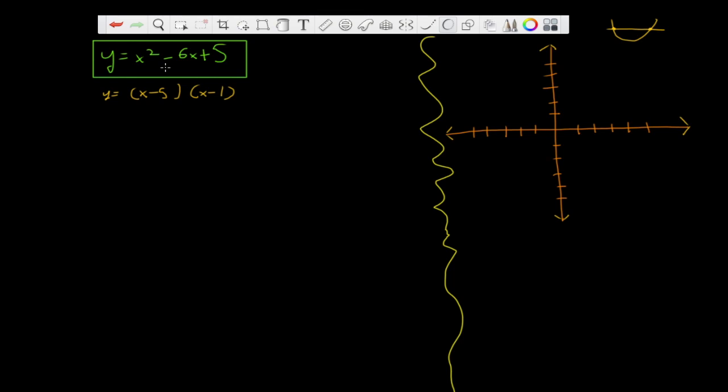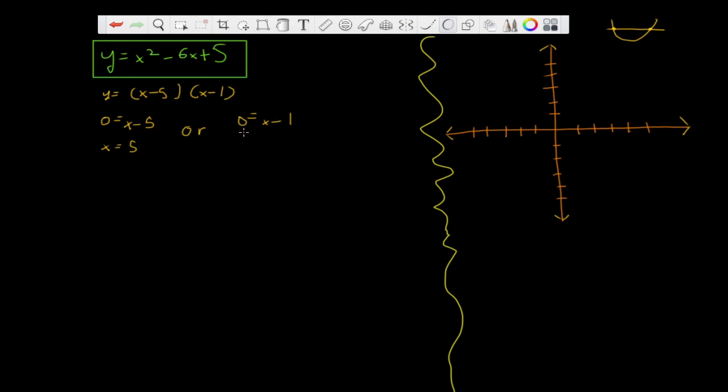And now, since the roots lie on 0, when y is 0, you will find this. So all you'll have to do is switch this y value with 0. 0 is equal to x minus 5, which is x is equal to 5, or, let me write this, 0 is equal to x minus 1.